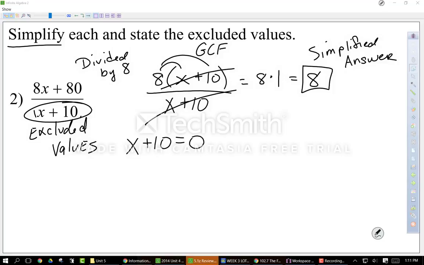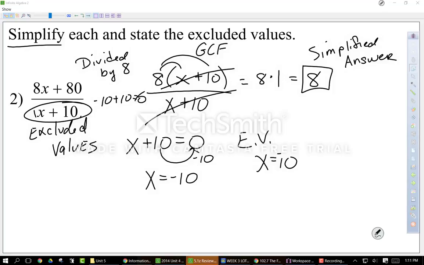Now I solve. When I bring this over, I get x equals negative 10. So the excluded value is x equals negative 10, because negative 10 plus 10 is equal to 0, and I can't have 0 in the denominator.